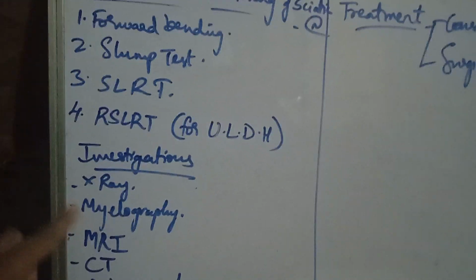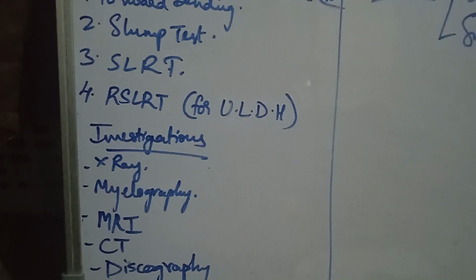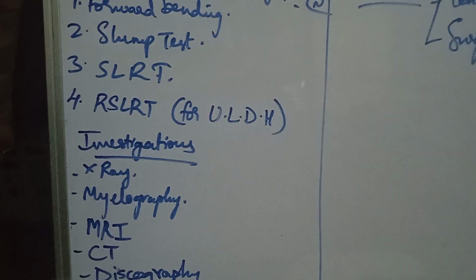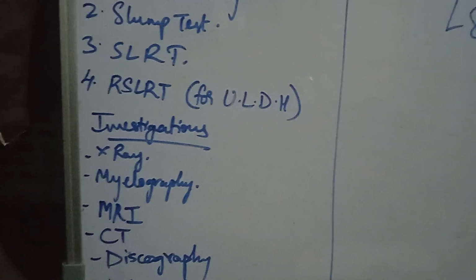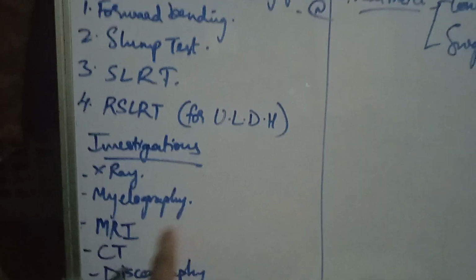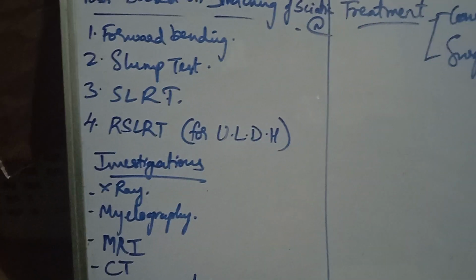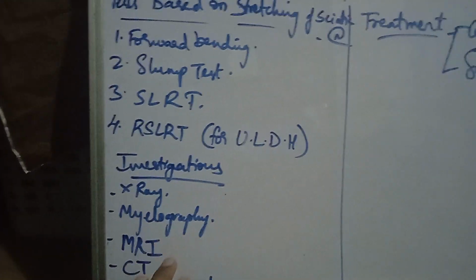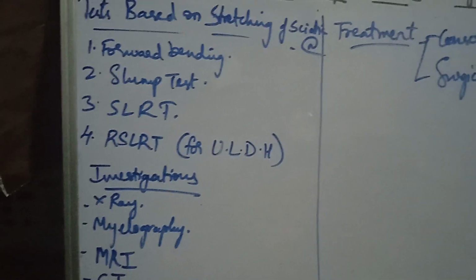Next we go for myelography, where we inject a dye into the spinal canal and a myelogram is taken to see any nerve compression. MRI is a basic non-invasive method where we can easily identify disc herniation. Then CT, computerized tomography.